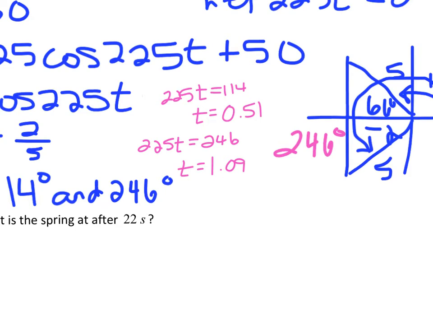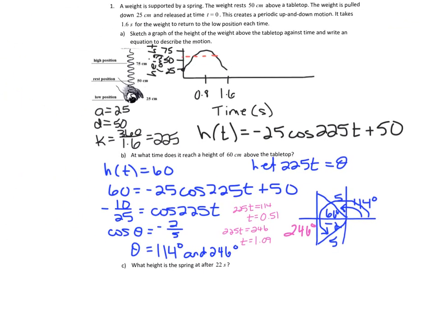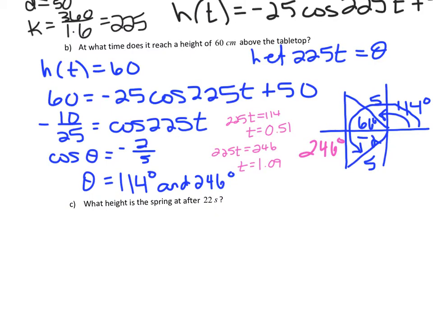We have now shrunk our period so that it is proper for the equation. And so it means that the time that the spring is going to be at 60 centimeters will be 0.51 seconds and 1.09 seconds into its 1.6 second period or cycle.